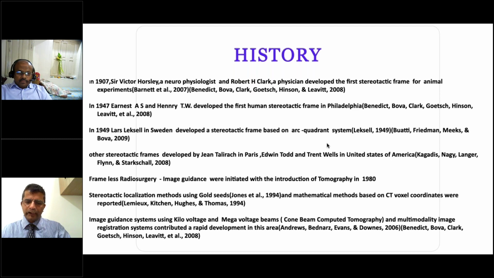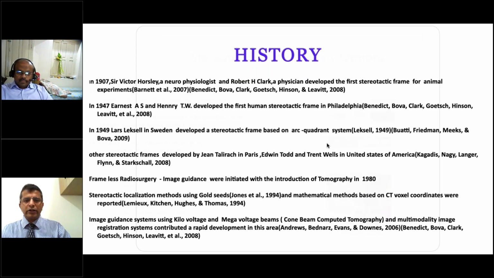And there are stereotactic localization methods using gold seeds, introduced using CT voxel coordinates in the middle of the 90s. And image guidance systems using kilovoltage and megavoltage beams contributed to rapid development in this area.